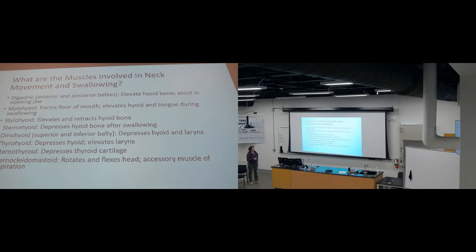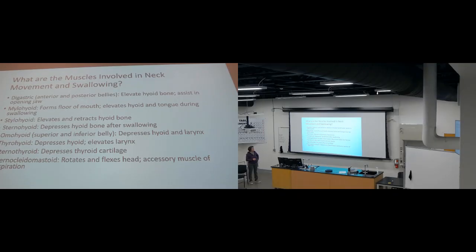The stylohyoid elevates and retracts the hyoid bone. It runs between the styloid process of your temporal bone and the upper edge of the hyoid. So anything that elevates the hyoid, like these three, the digastric, mylohyoid, and stylohyoid, are called the suprahyoid muscles.